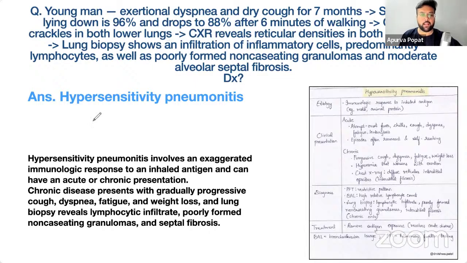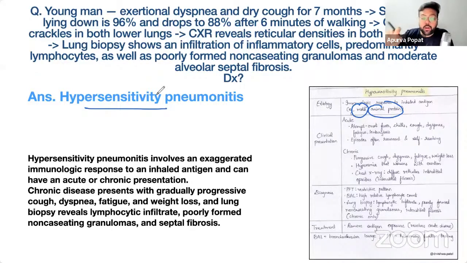If I say the patient is having some exposure, this hypersensitivity pneumonitis can be because of exposure to animal proteins, molds, or, like I have seen in a patient, bird excreta, the pigeon droppings. You can still have hypersensitivity pneumonitis because of that.